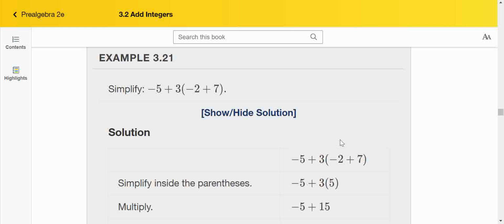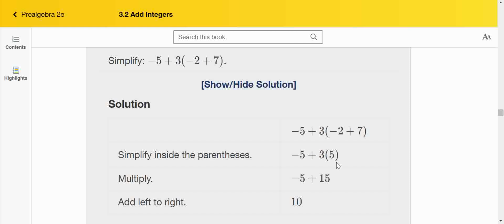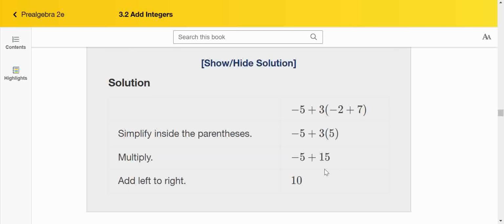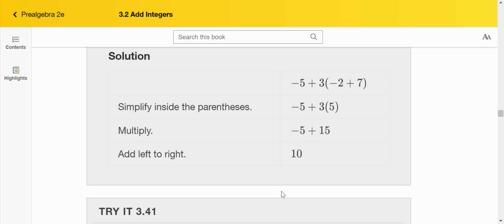Simplify inside the parentheses. Minus 5 plus 3 times 5. Multiply. Minus 5 plus 15. Add left to right. And so we get 10. Notice that you work inside the parentheses first, and then outward.